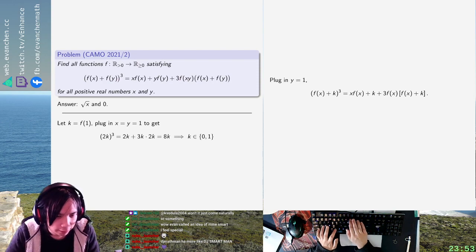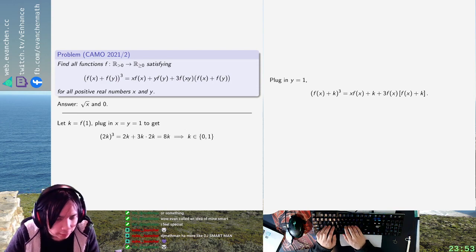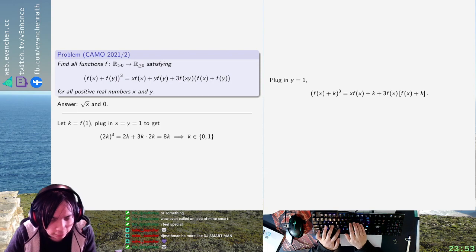So if k equals 0, what I get is f of x cubed equals f of x plus 3 f of x squared.